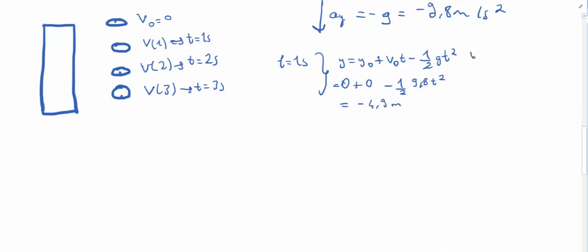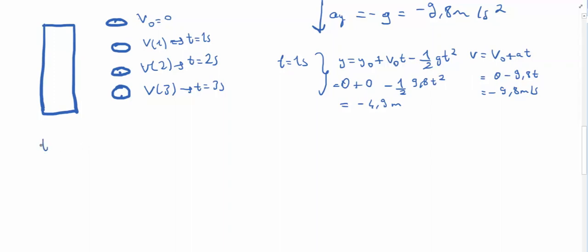And for velocity, v equals v0 plus at, so it should equal 0 minus 9.8 times t, and that should equal minus 9.8 meters per second.